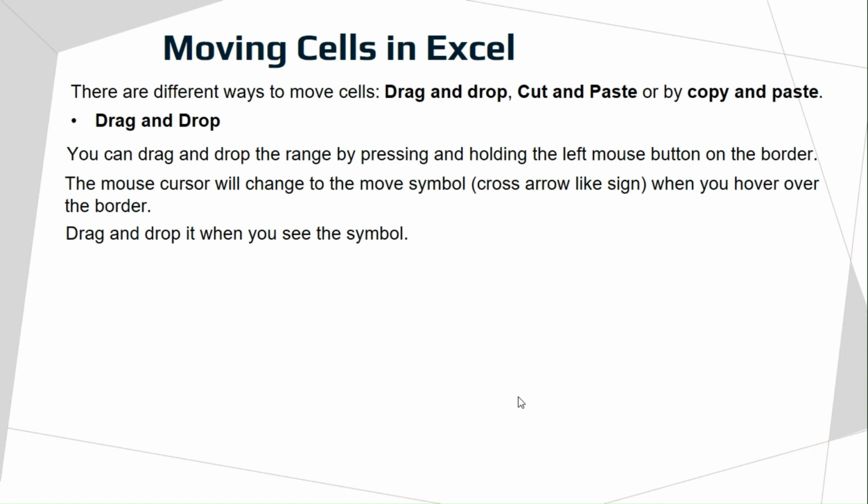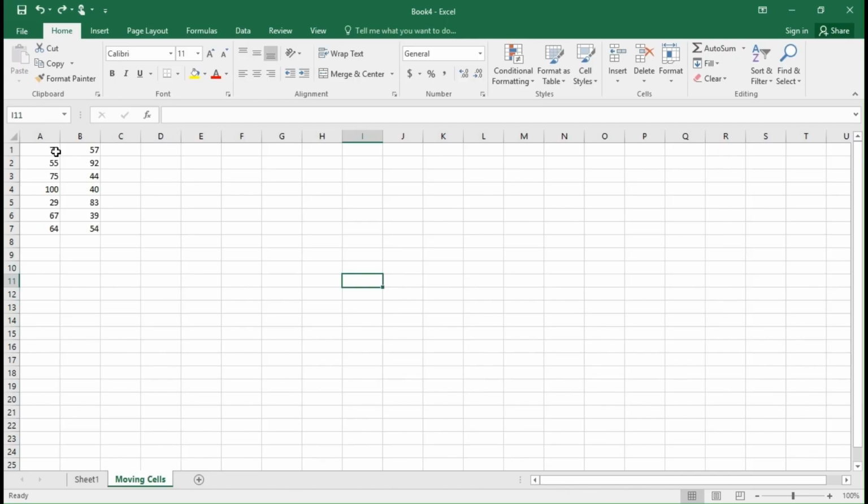Let's take a look at this using drag and drop. Now, you start by marking the area. You highlight the area you want to move. Now hover around the border to see the move symbol, which is like a cross arrow-like sign, which is this.